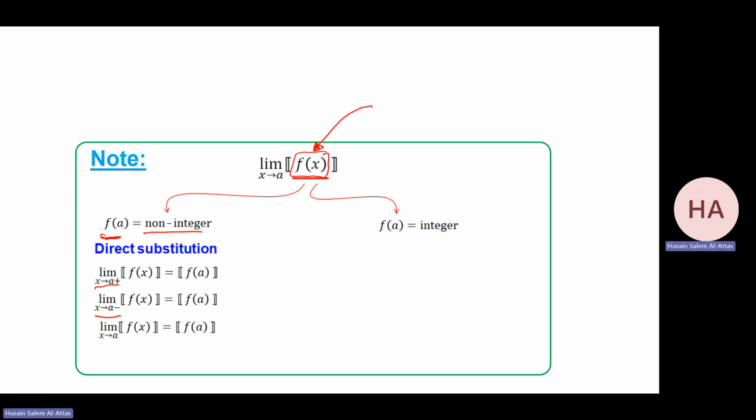However, like in this example, check inside: there will be 1 minus 5 over 2, which is minus 3 over 2, which is not an integer. خلاص. Then this limit is just a substitution. If we do substitution, we get 0 minus 3 over 2, which is minus 0.5.